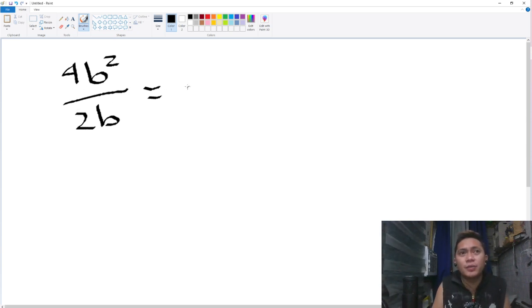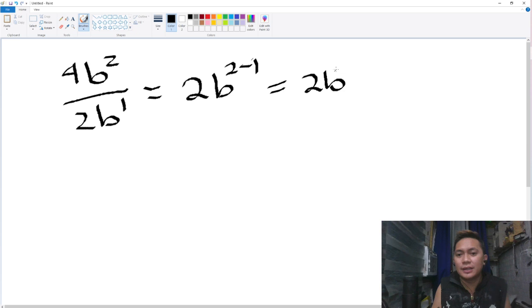So 4 divided by 2, that is 2. Then we have b, then subtract the exponent 2 minus 1. So why minus 1? Because we have the exponent 1 on the denominator. Therefore, that will become 2b. We don't write the 1 because 2 minus 1 is equal to 1. So the answer is 2b.